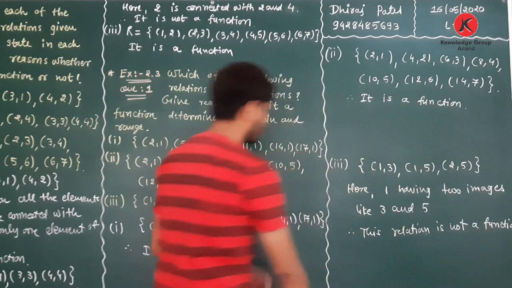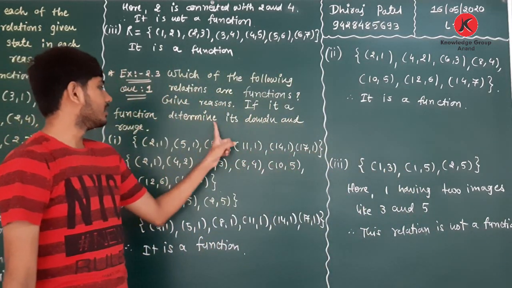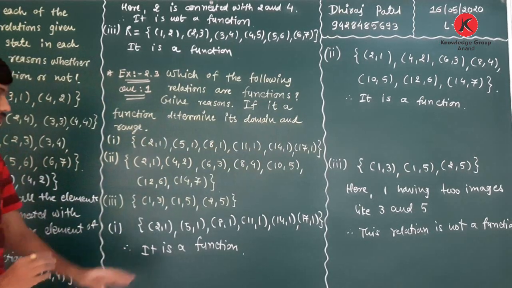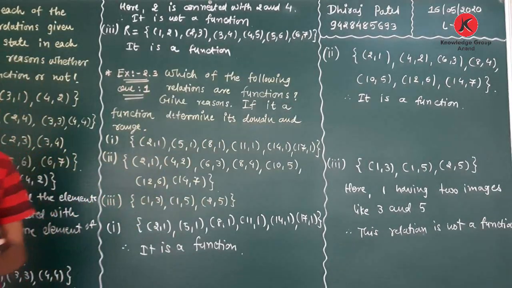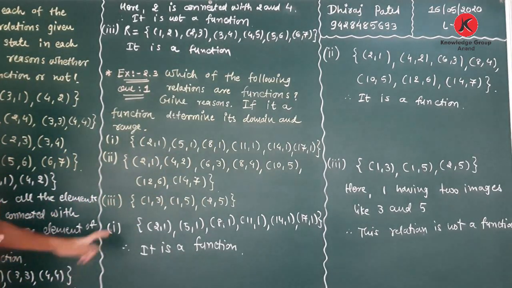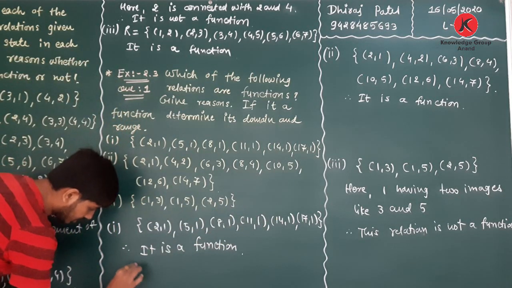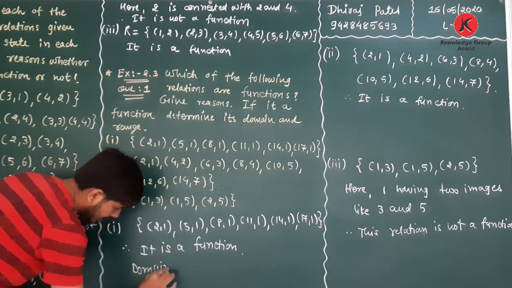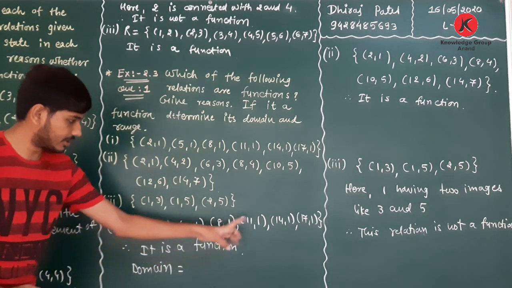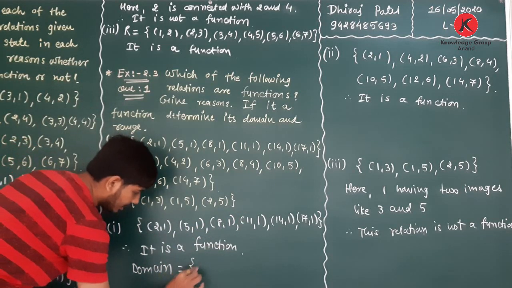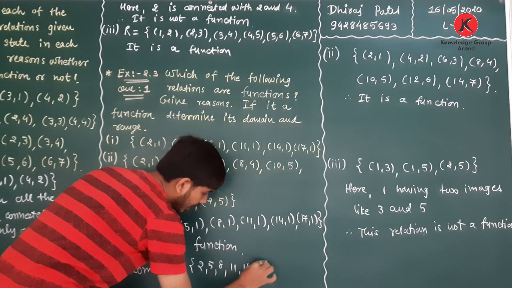Now our question continues: determine if it is a function, and determine its domain and range. If your relation is a function, then you have to find out both its domain and range. Let's take our first question. The relation is a function, so let's find its domain and range. The domain of this function is equal to the collection of first elements. Therefore we are getting 2, 5, 8, 11, 14 and 17.